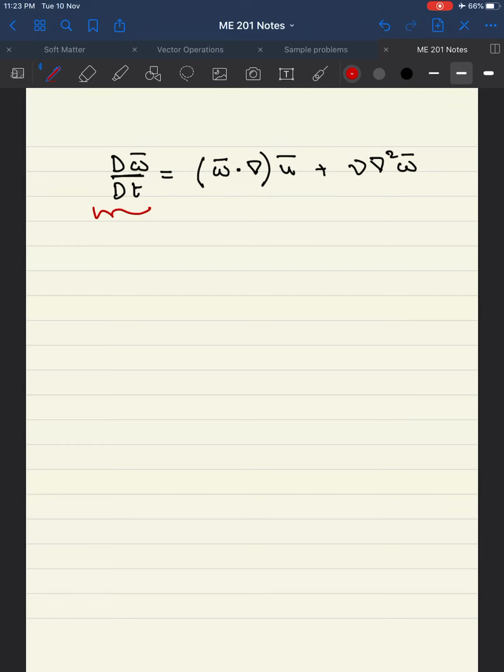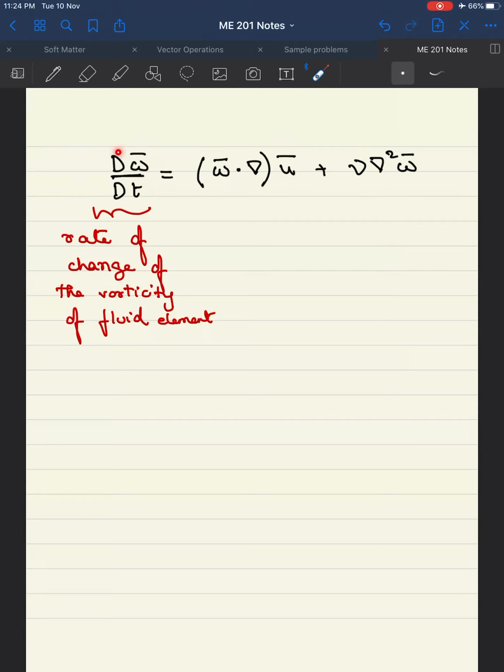This term represents the rate of change of the vorticity of the fluid element, which means we are following a particular fluid element, looking at its vorticity and asking for its rate of change, and that is why we have to use this particular derivative.